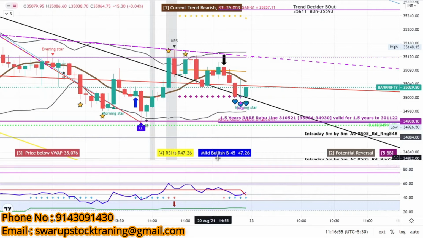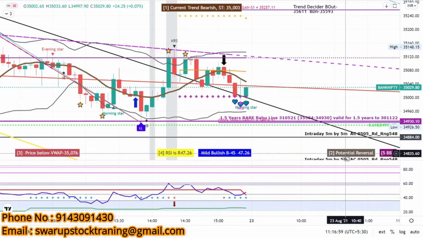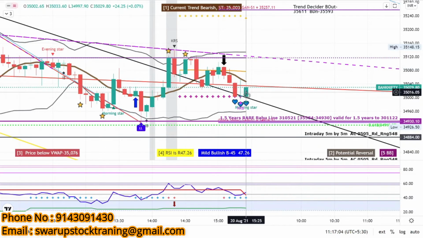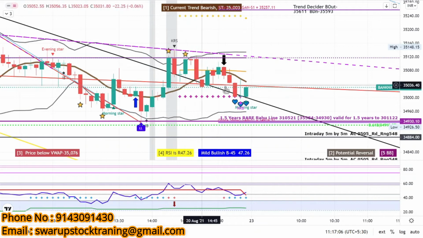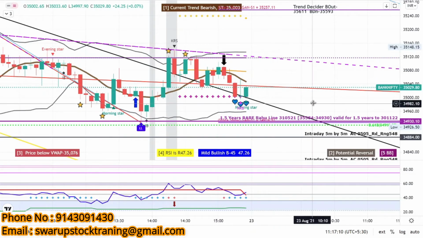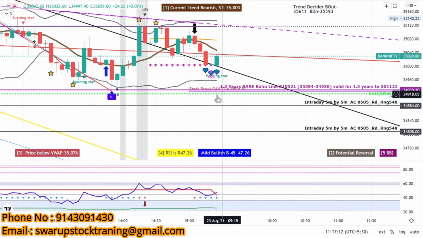Why? Because it has given a signal that it is mild bullish, and it is also showing a potential reversal zone. So once the stock crosses this particular resistance of the trend line, the long term median line, we can buy. And if it fails, then after this line I will sell. In between we will not.